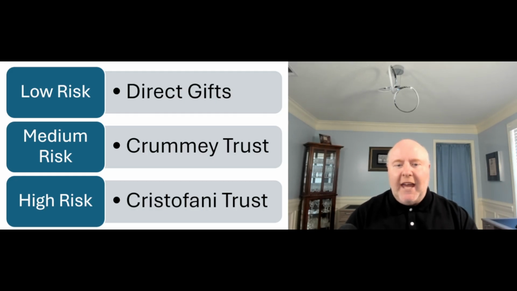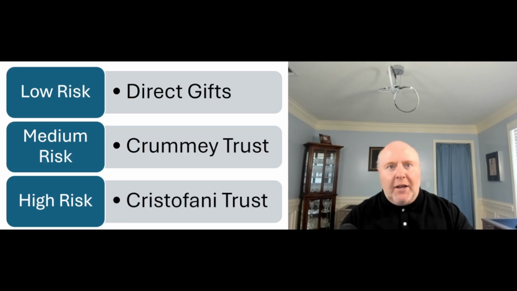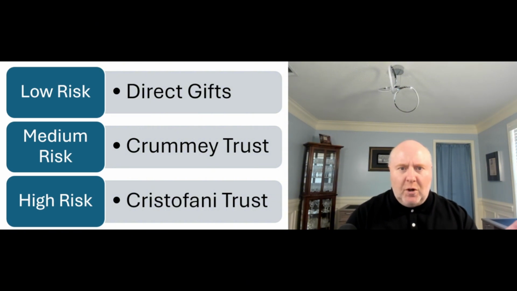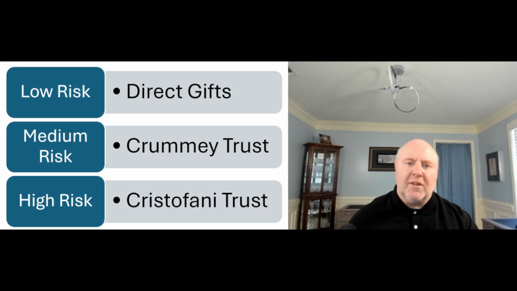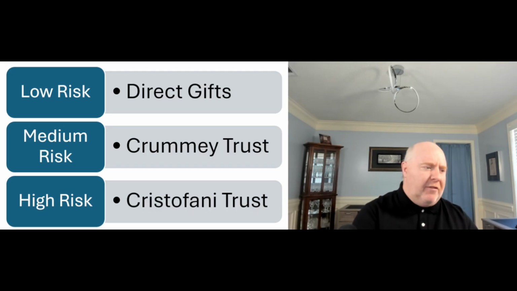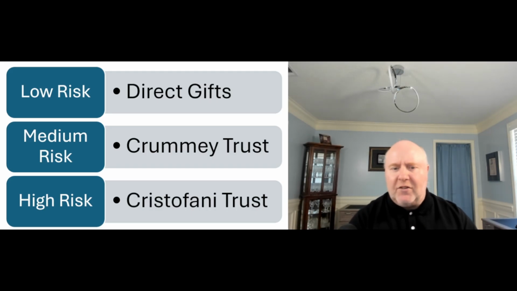So when we're looking at things such as estate planning, gifts particularly, here's where we're looking at in terms of risk levels. If you're giving a direct gift, there's generally a pretty low level of risk in those situations. It's pretty easy if you give somebody directly a gift, and you give them $25,000, you give them $5,000, you give them whatever it is in cash, or you give them property, land, whatever it is.